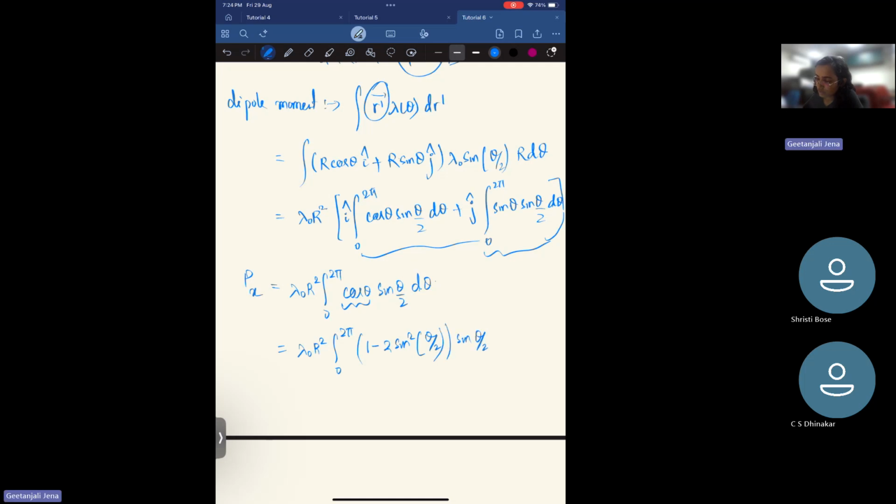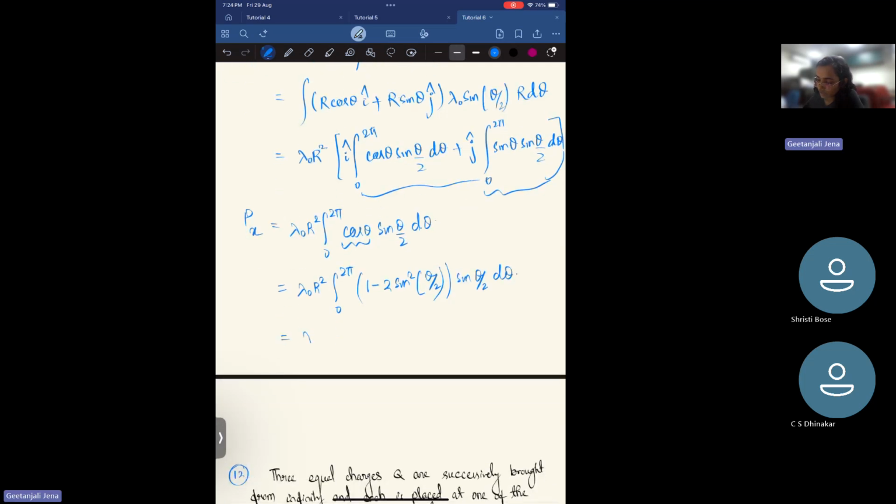So it will give lambda 0 r square integral from 0 to 2 pi of sin theta by 2 d theta minus 2 integral from 0 to 2 pi of sin cube theta by 2 d theta.